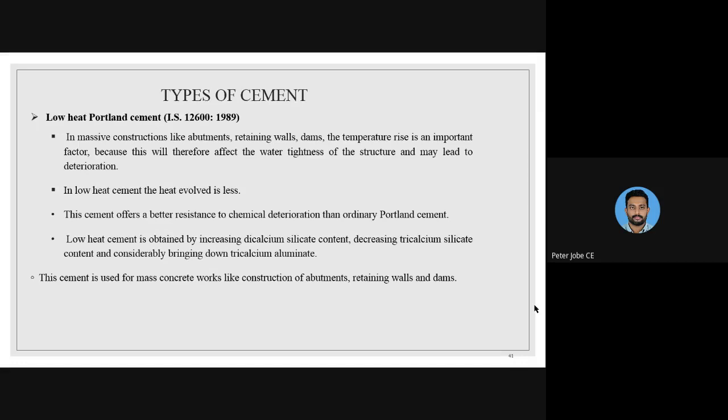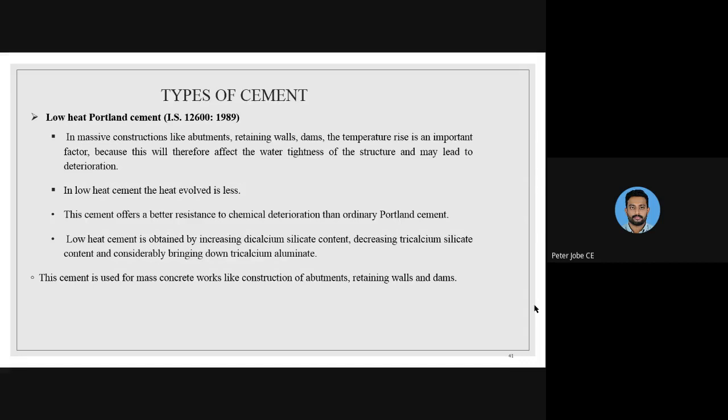In those cases, the temperature rise is an important factor, because it will affect the water tightness of the structure and may lead to deterioration. If a massive structure is to be constructed, what happens is that the exothermic reaction can produce heat, and hence it might cause some cracks.